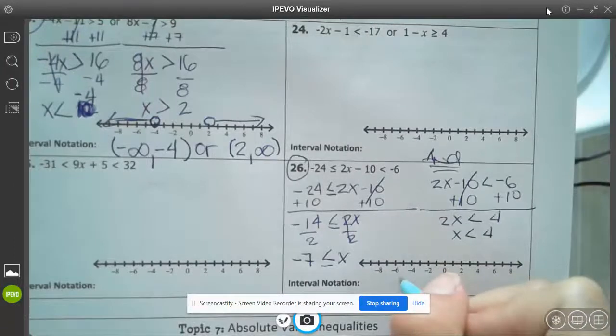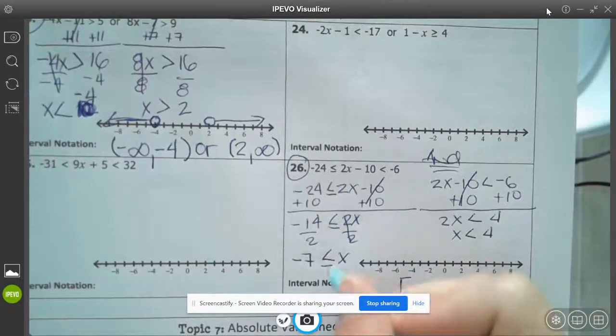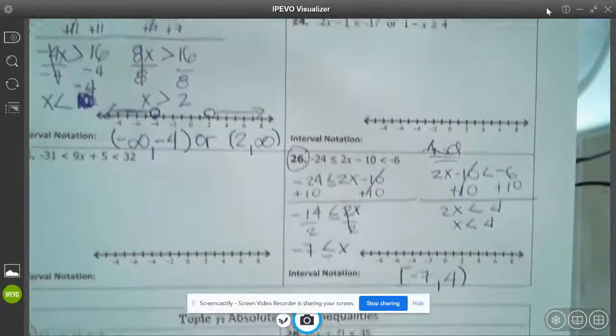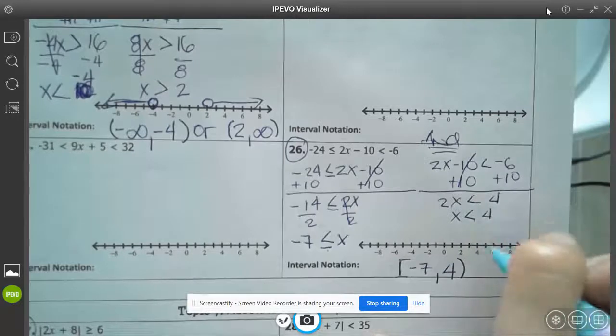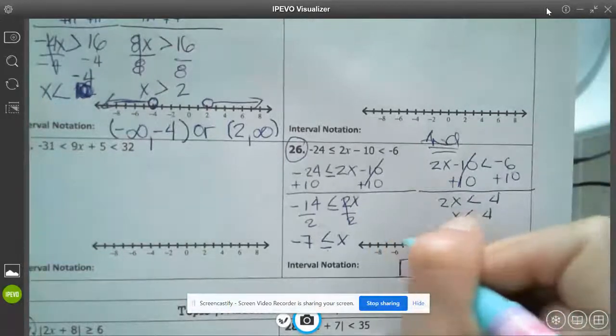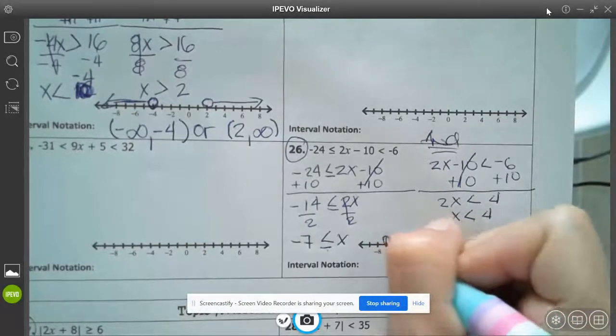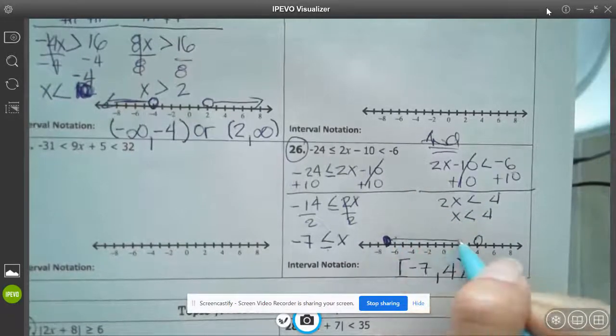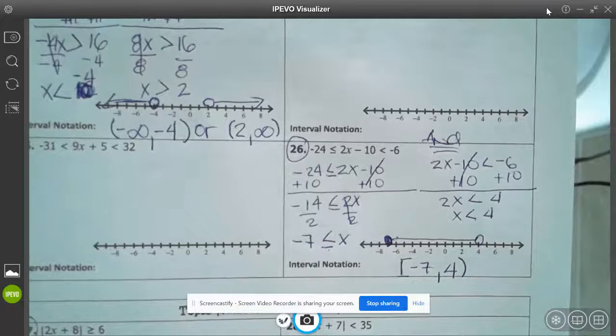Between negative 7, with a bracket because it has an equal sign, and 2, with a parenthesis. The way we do it here, we stop at 2, and that's negative 7. This is closed because this one has an equal sign, this one doesn't. And then they connect. That's an and.